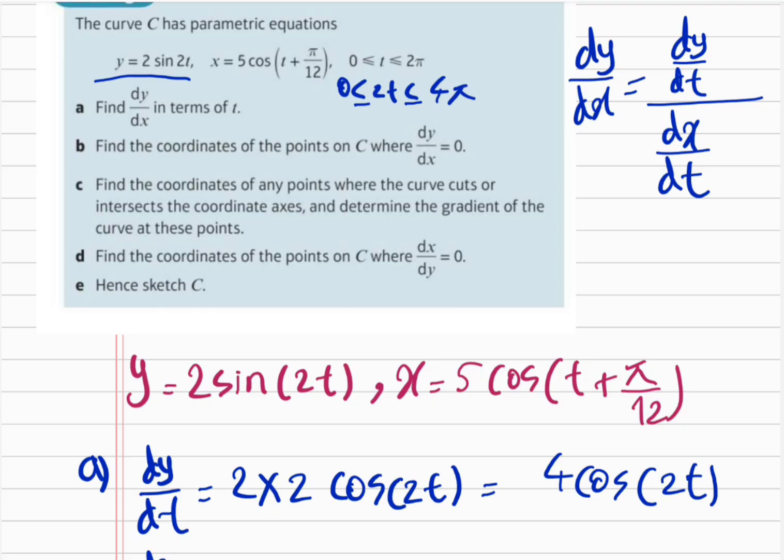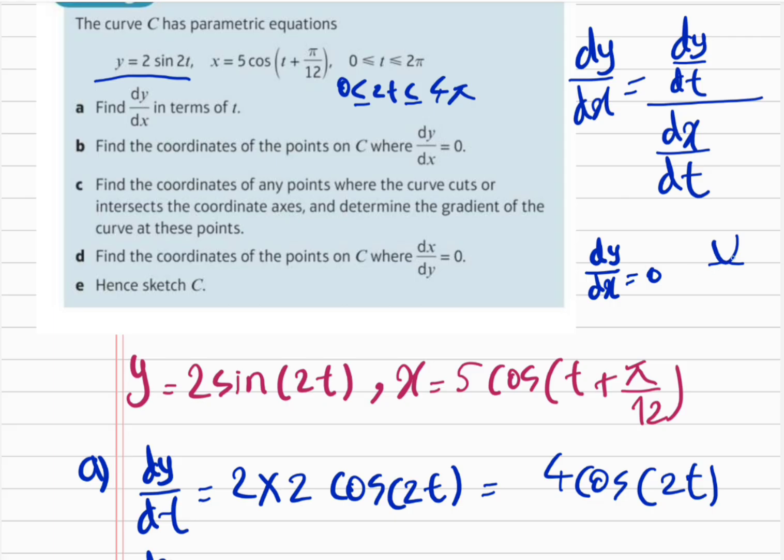The difference is that the stationary points, where dy by dx is equal to 0, are the points that give you the coordinates where the tangent is horizontal. So if you have something like this, this is the part where the tangent is horizontal.